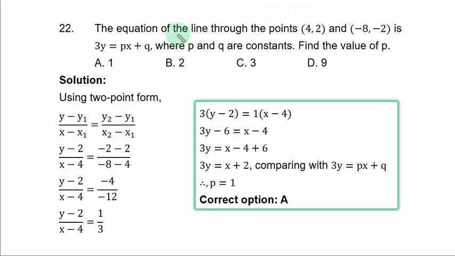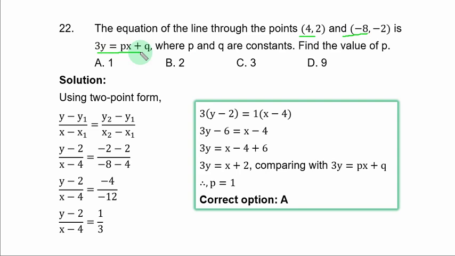Question 22. The equation of the line through the points (4, 2) and (-8, -2) is 3y plus px equal to q, where p and q are constants.